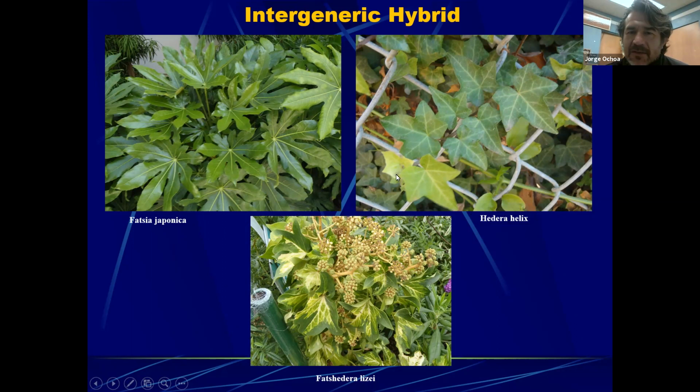When they're able to cross, the hybrid is Fatshedera, which is a combination of both individuals. It has the traits of both parents. So in certain cases, the crossing of two different genera within the same family is possible, as in the case of ivy and Fatsia.